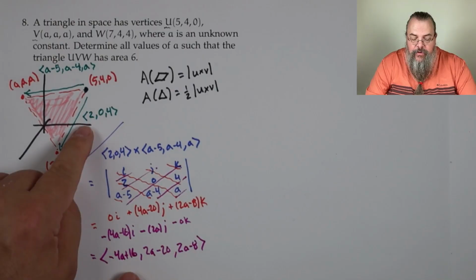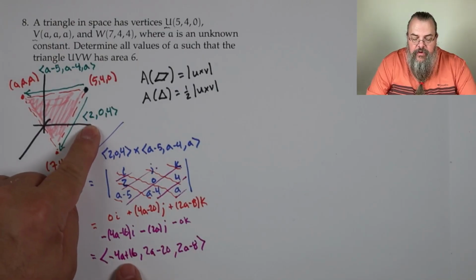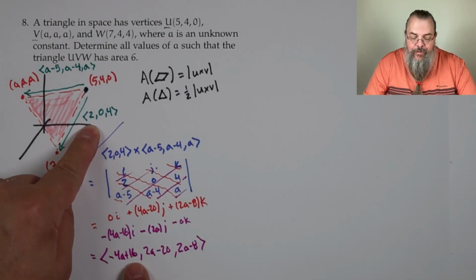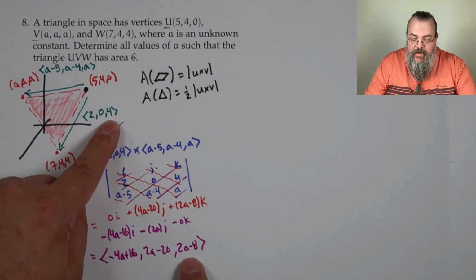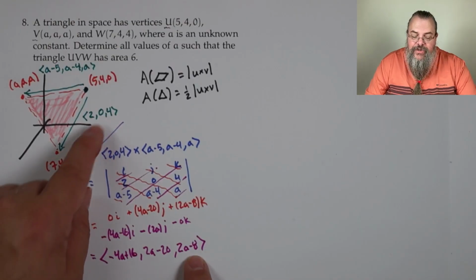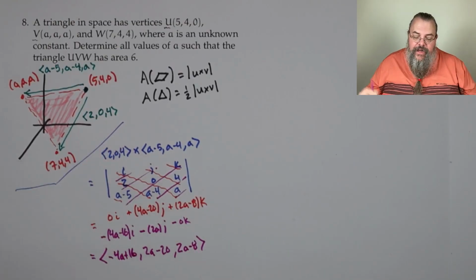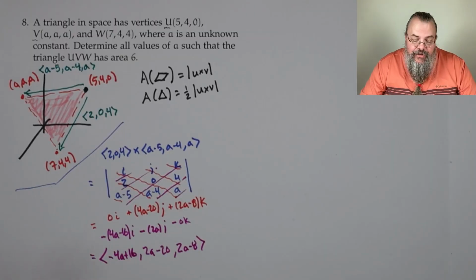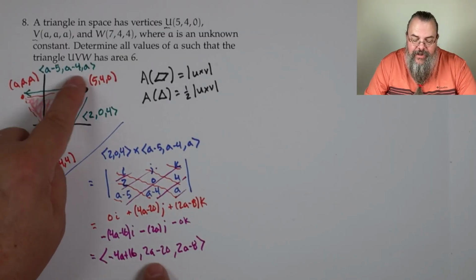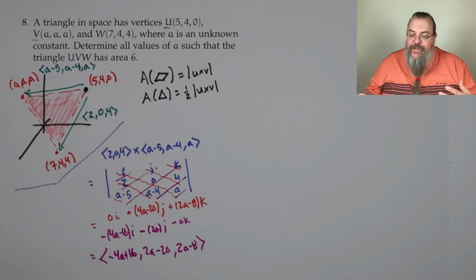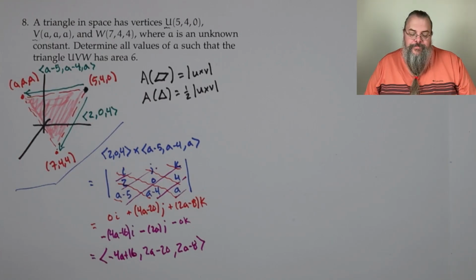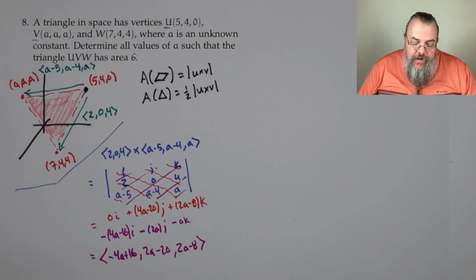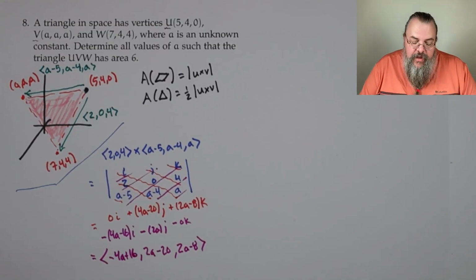You can check with ⟨2, 0, 4⟩. 2 times (minus 4A plus 16) is minus 8A plus 32. 0, and 4 times (2A minus 8) is 8A minus 32. So at least we're perpendicular to ⟨2, 0, 4⟩, which is a good sign. It is also true that if you were to go through and multiply and combine, you'd get 0, but that seems like work. But there we go, there's our cross product.